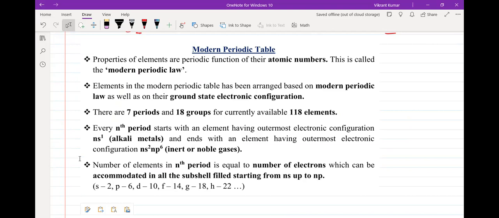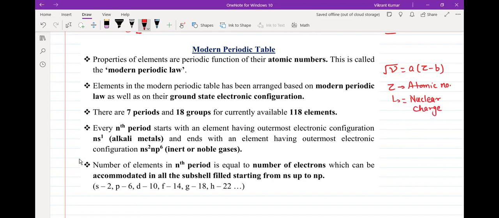If you remember, I told you in the last chapter that he found the square root of the frequency of the X-ray radiation to be a function of their atomic number, and at that time atomic number simply meant the placement of the element in the periodic table. Later it was found that what we are calling the atomic number is also equal to the nuclear charge, right?